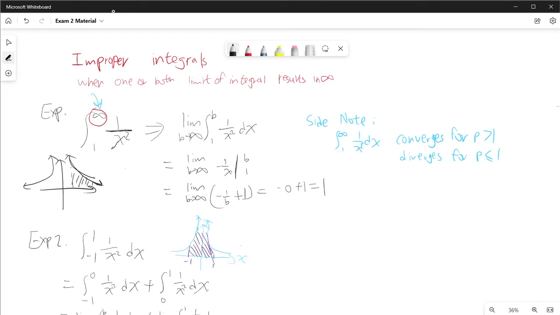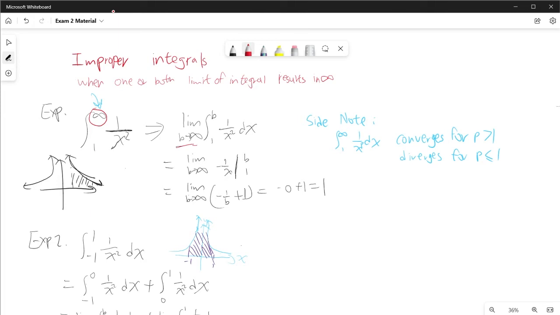The way to solve these is to take the limit of an extra variable. In this case, I use b. I take the limit of b to infinity and I replace the infinity in the integral with b. So now it's a variable rather than the infinity. Now I can take the integral of 1 over x squared, and that is just negative 1 over x. That's just simple chain rule. And then we're going to take this from 1 to b, approaching infinity.